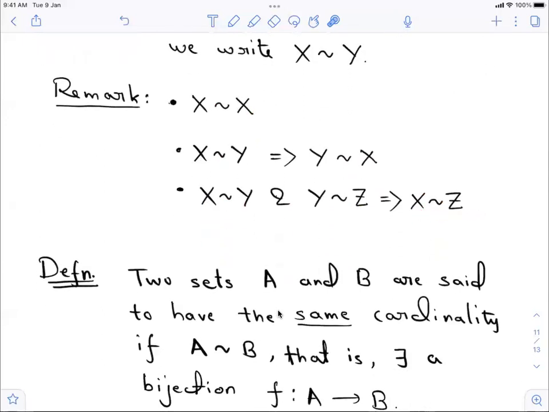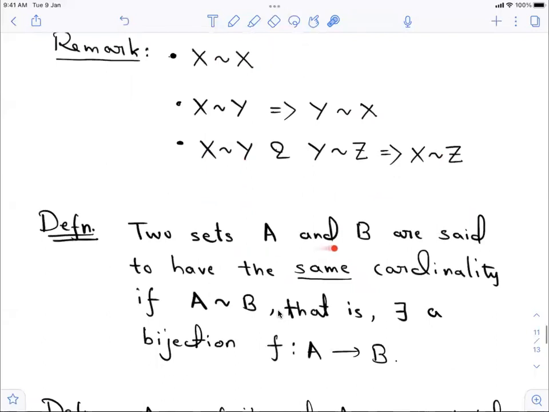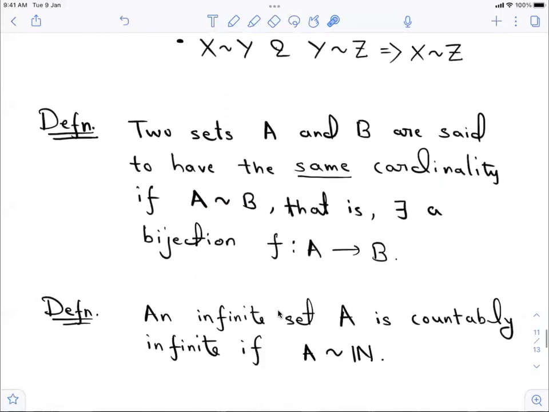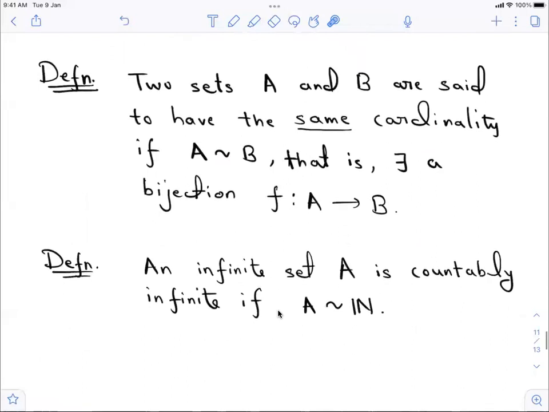So this is the correct definition of cardinality. Two sets A and B are said to have the same cardinality provided they're similar. That is, if you can find a bijection from A to B. With this definition, we define a countably infinite set.